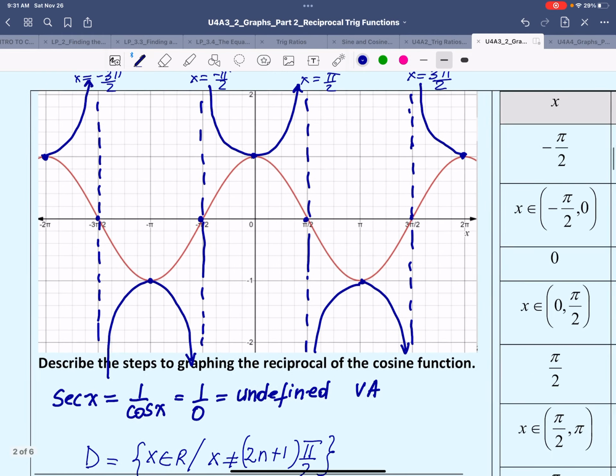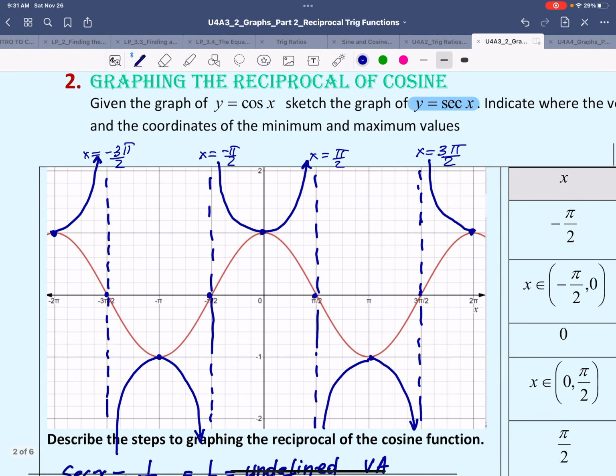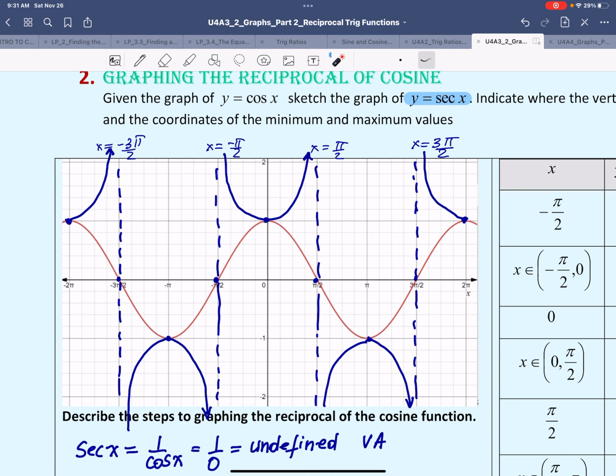So the main features of this function are the domain, obviously, which will be restricted by the vertical asymptotes. And in this case, we do not have a max or a min, but we do have local min and local maximum points. So these points that served as maximums for the graph of cosine x will serve as the local minimums because they're turning points for the function of its reciprocal, y equals secant.